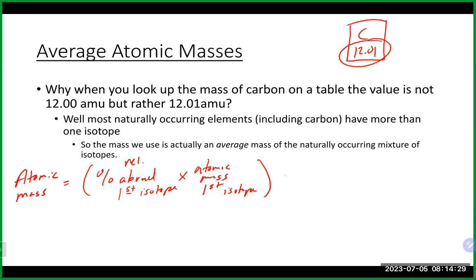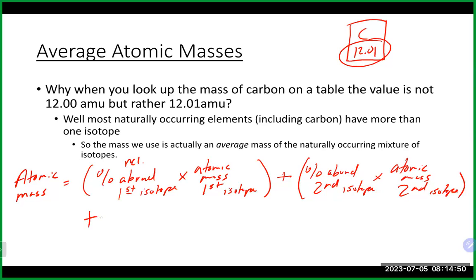And then this is where a lot of people mess up, because they want to multiply at this point, but you're actually going to add. You're going to add it to the percentage of the second isotope times the atomic mass of the second isotope.